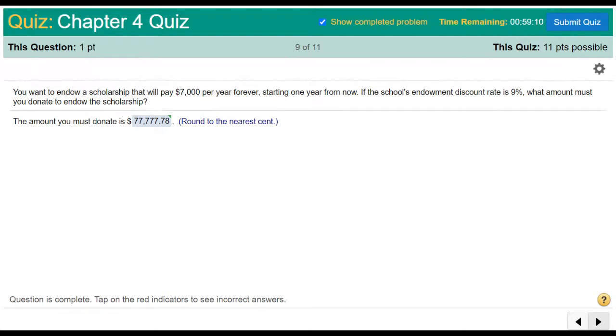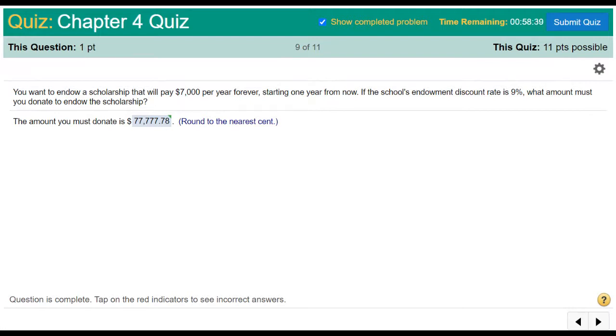And every year, if you say 77,777.78 times 9%, you're going to come out to 7,000 per year. That's what this means. And as long as this amount is in the bank or in a financial institution, it will pay out this $7,000 forever.